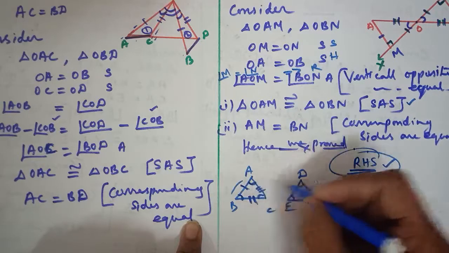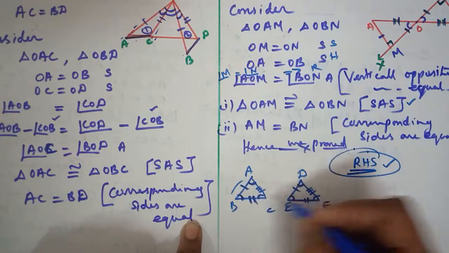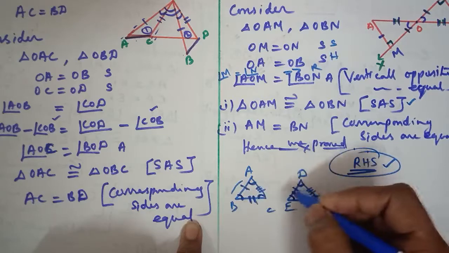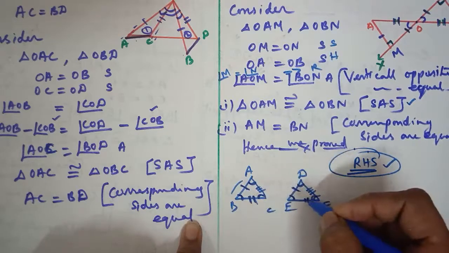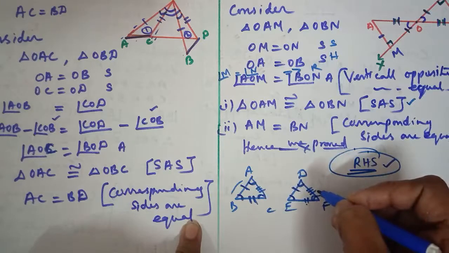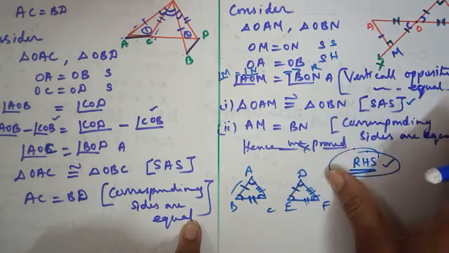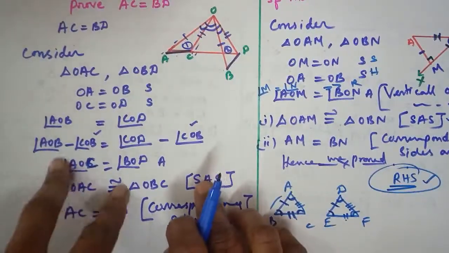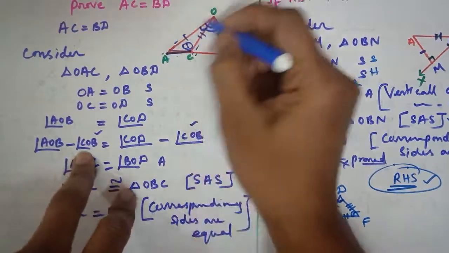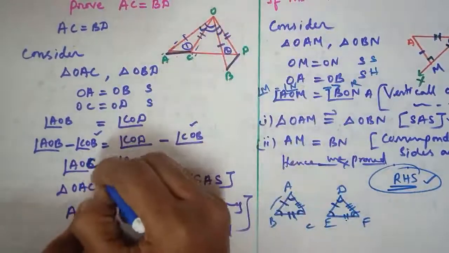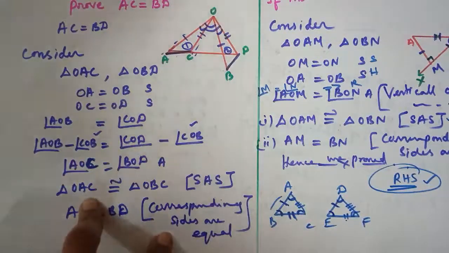That means angle A is equal to angle D, angle B is equal to angle E, angle C is equal to angle F. The first side will be equal to the first side, the second side to the second side, the third side to the third side. Is it clear, students? Then students listen, in the third question there is one correction. AOB minus COB, that is angle AOC. Please note it. Okay students, good.